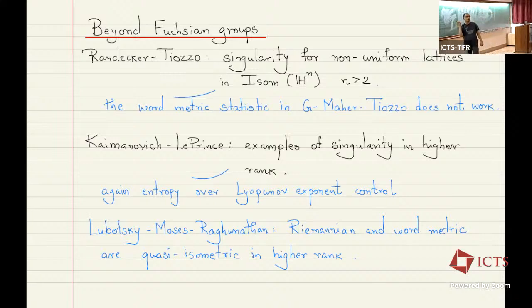The game is much more difficult in higher rank because of a famous result of Lubotzky, Mozes, Raghunathan, that the Riemannian and word metrics in higher rank are quasi-isometric. So you no longer have distorted subgroups anymore, even when you have parabolics. So you don't have these easy discrepancies to look for, a much more difficult problem in higher rank.